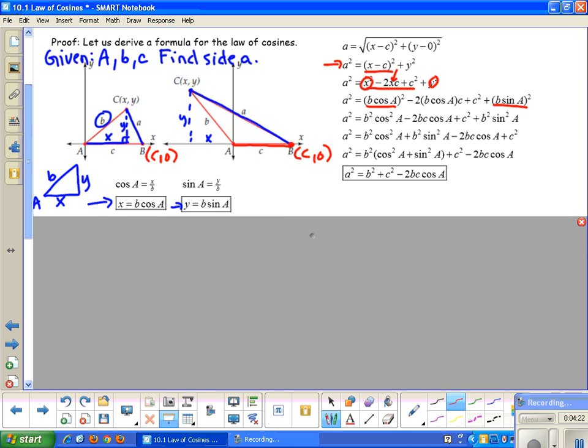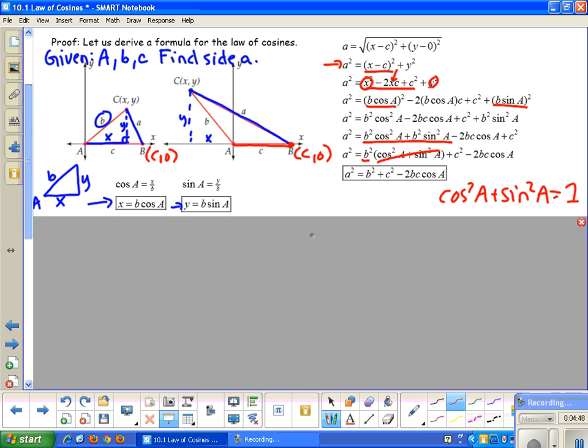I put these two together because I noticed that I could factor out that b squared to get cosine squared A plus sine squared A. And remember, cosine squared A plus sine squared A is a Pythagorean identity, which equals 1. So this right here is really gone, and you're left with b squared plus c squared equals 2bc cosine A.